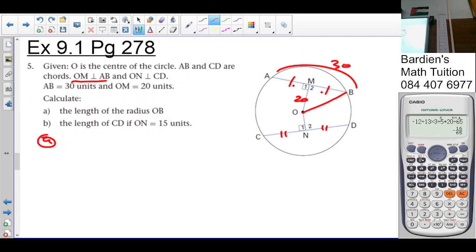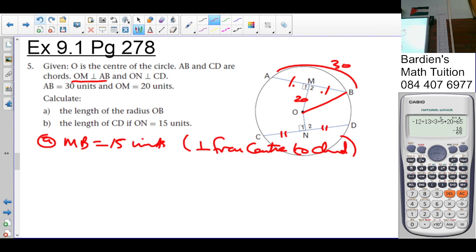Okay. So the length of OB, I'm going to apply Pythagoras in this triangle here. Okay. So where do I start? I start by saying MB is equal to 15. Why is MB 15 units? Perpendicular from center to chord bisects the chord.